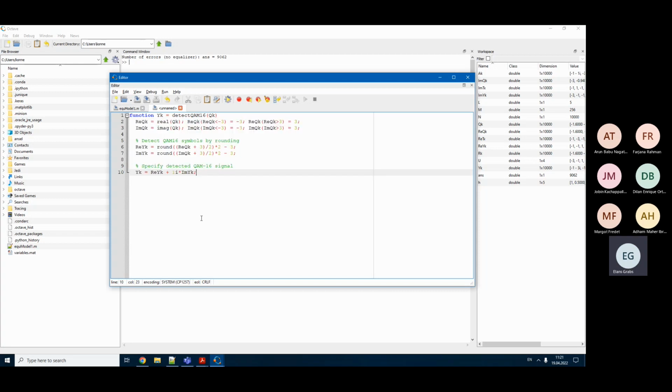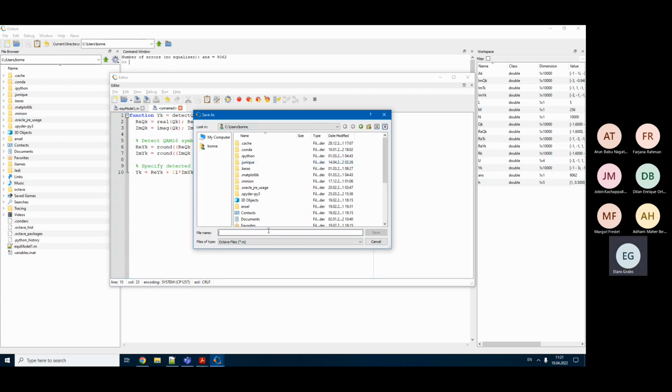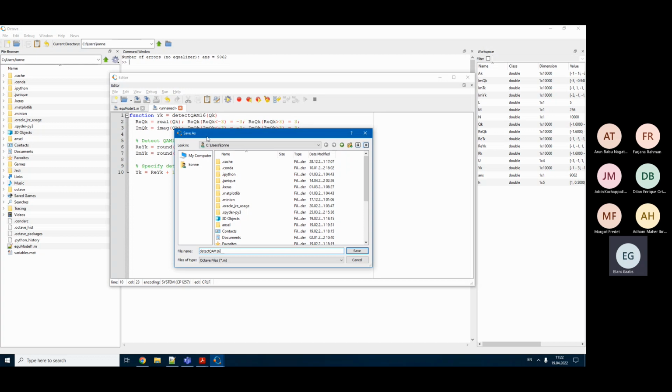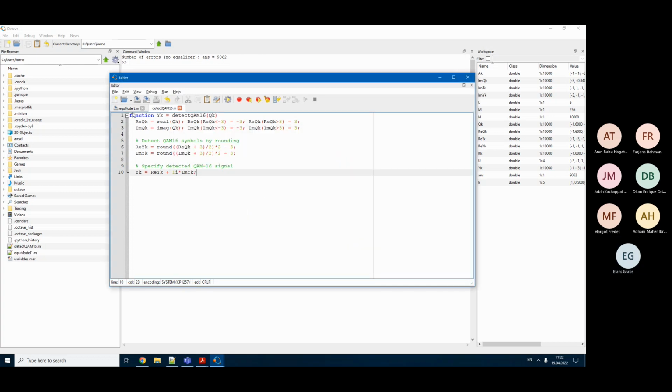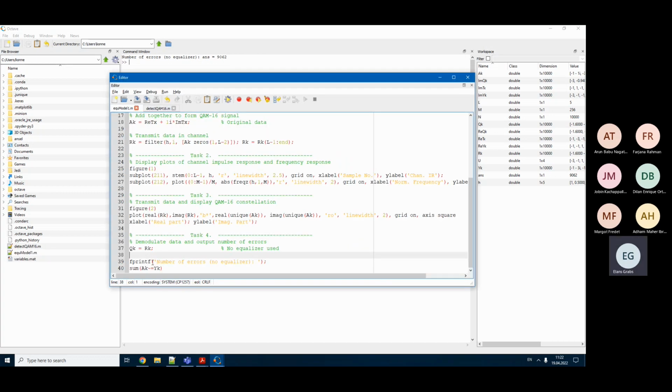Now everything will be shifted here. I'm going to save it with the file name detect QAM-16, the same as the name of the function. And here, accordingly, I'm going to replace this line with yk equal to detect QAM-16, and this is going to be qk, like this, right?